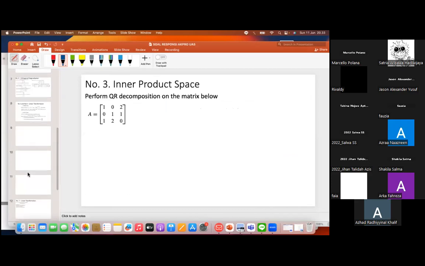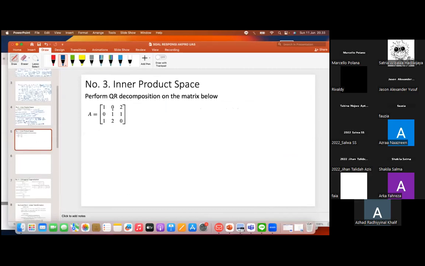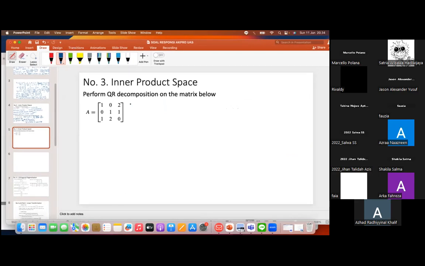Now we're going to go into inner product space, which is this one. The first thing that we should do here is to perform the Gram-Schmidt process. So first we define the vectors: u1 is 1, 0, 1. The vector u2 equals 0, 1, 2. The vector u3 is equivalent to 2, 1, 0.